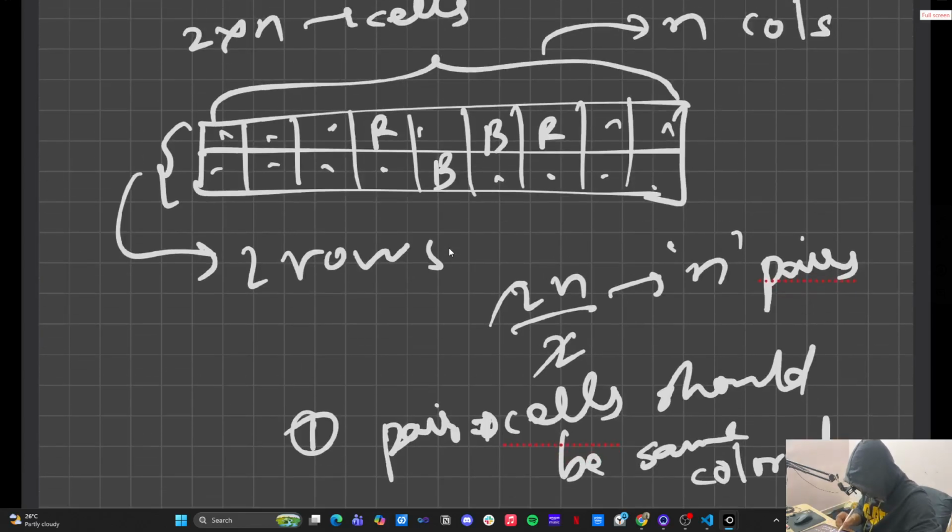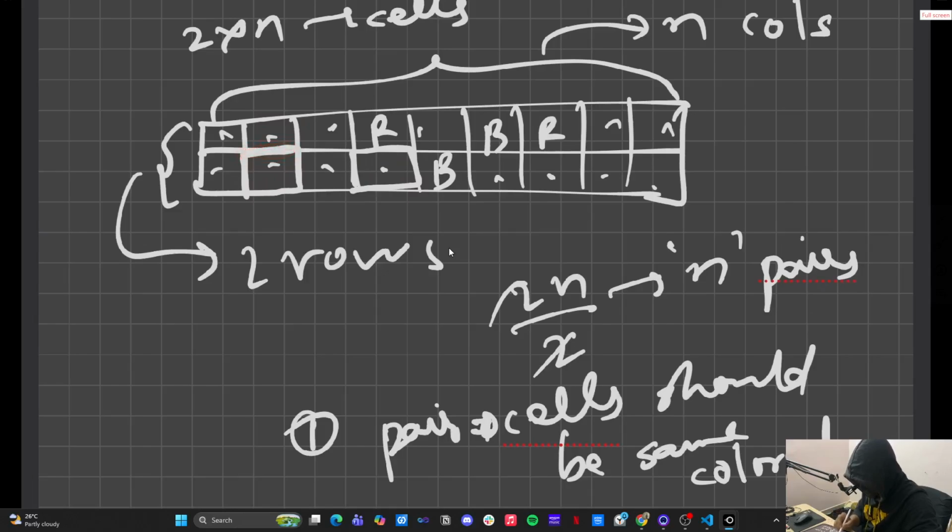If you take this cell, you cannot choose this other cell as its pair, because they don't share anything. Here, this cell and this cell don't share any side. But if you take this cell and this cell, they share a side, this side was common.